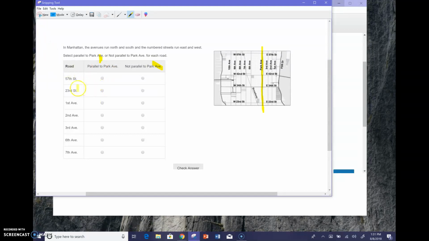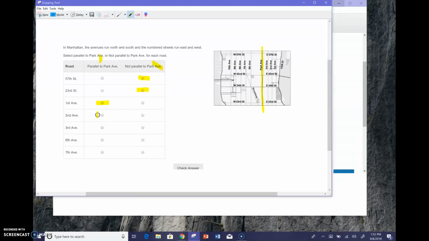Okay, so 57th Street is not an avenue. It doesn't run north to south, so it's not parallel. 23rd Street is not an avenue, so it is not parallel. First Avenue is an avenue, runs north to south, so that is parallel.